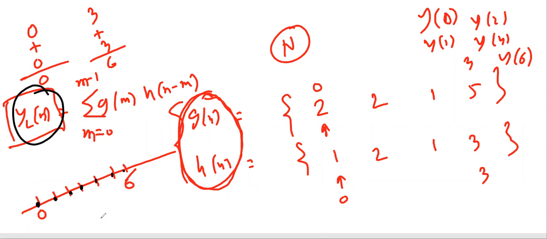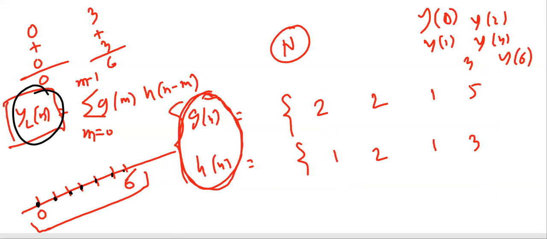So if you want to find 7 samples in the output, what we need to do is pad these 2 inputs with zeros. So that means we have 0, 1, 2, 3, 4, 5, 6. We need to pad 3 more zeros.